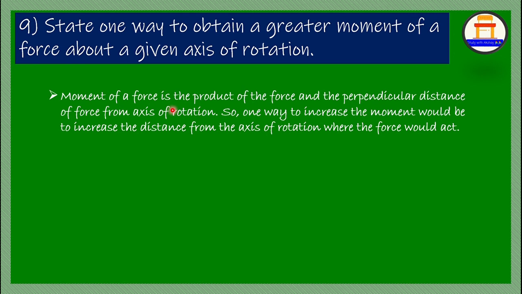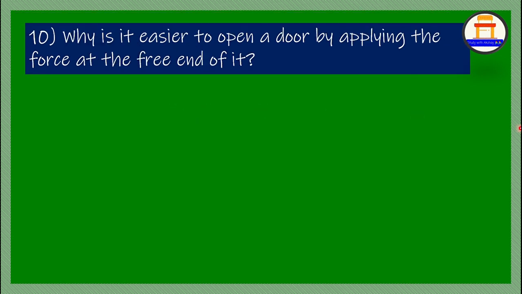Okay, next question. Why is it easier to open a door by applying the force at the free end of it? So basically this is an example of moment of force, and I have explained this in the first video.